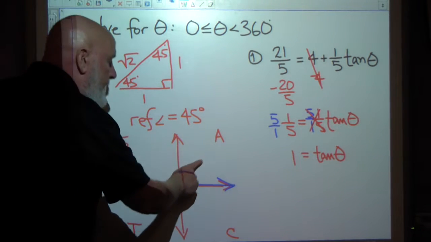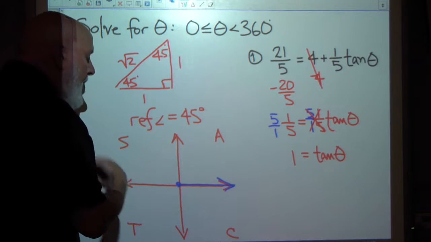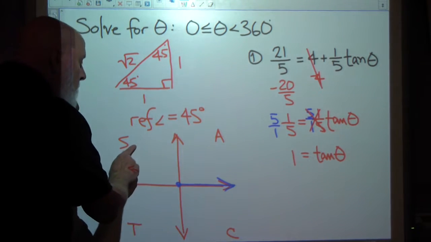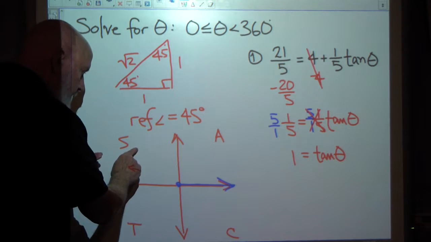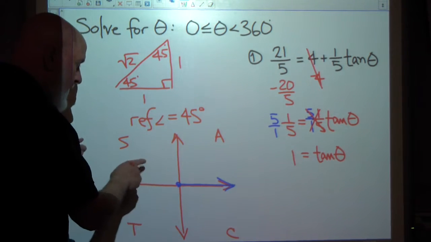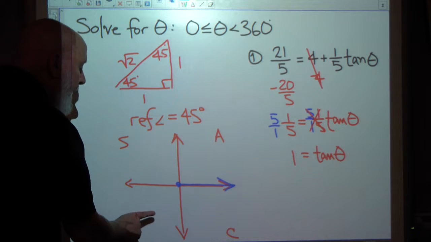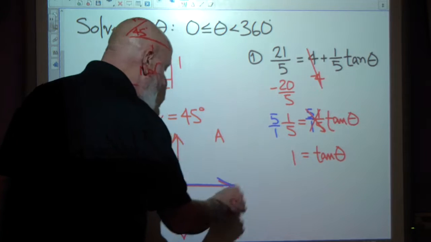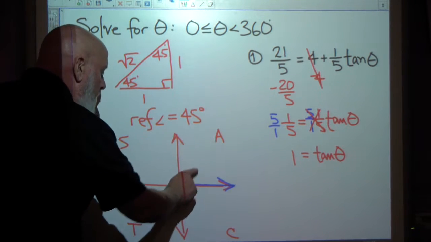All of them are positive in quadrant 1, so our angle could be a quadrant 1 angle. Only the sine is positive here, the sine and its reciprocal, cosecant. Tangent is positive here. So since I'm dealing with tangent equaling positive 1, my angle could be here or here.